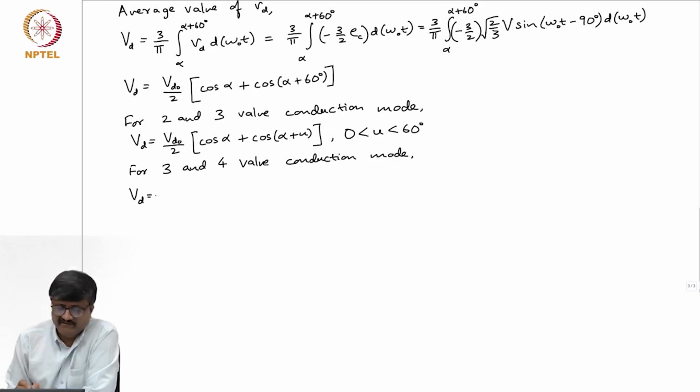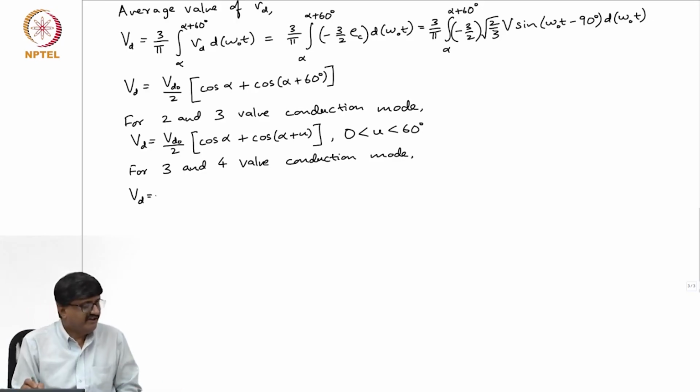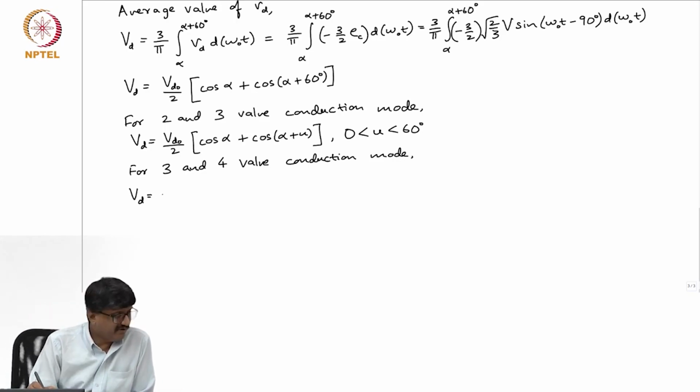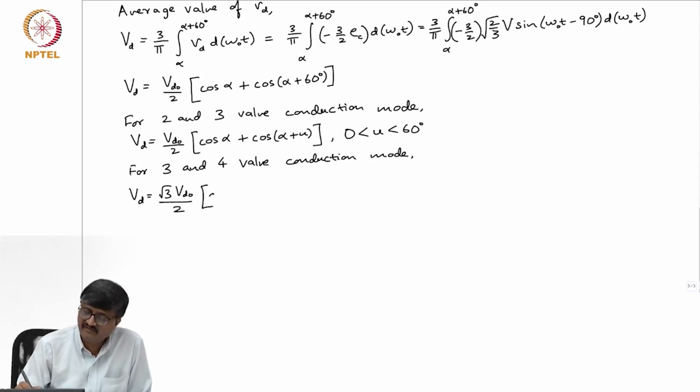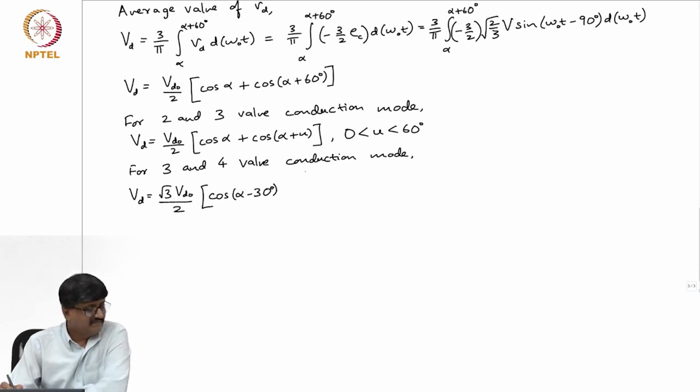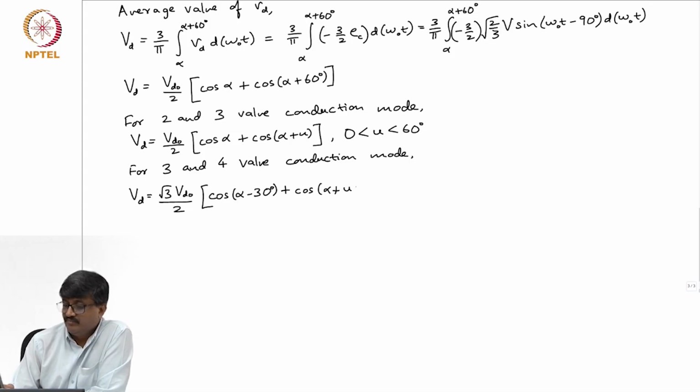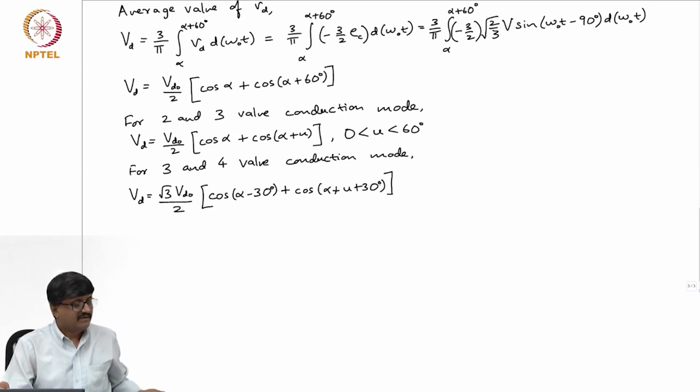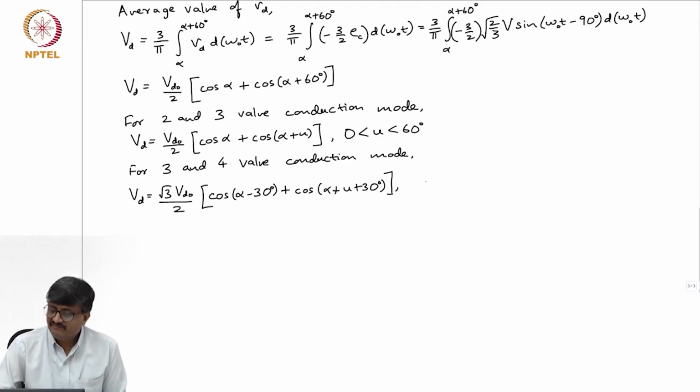The equation that we derived is Vd is equal to root 3 Vdo by 2 cos alpha minus 30 degrees plus cos alpha plus u plus 30 degrees. So this equation is valid for u greater than 60 degrees and less than 120 degrees.